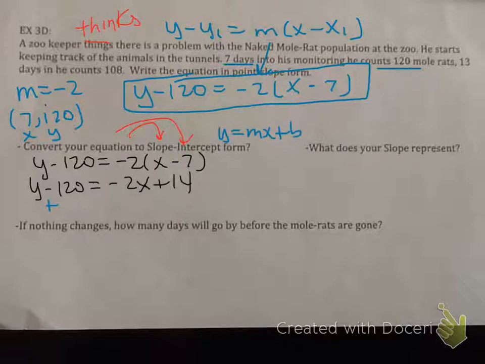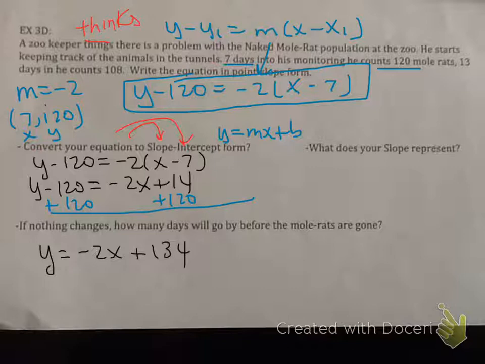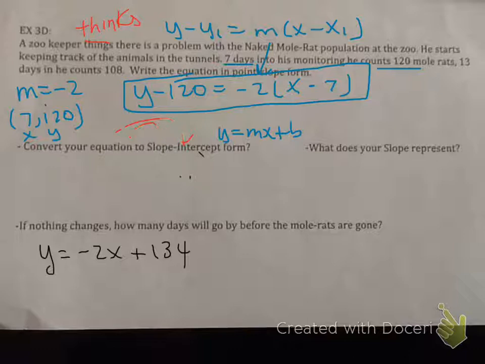So I want to add 120 to both sides. When I do this, what do I get left? I should have y equals negative 2x plus 134. That's what I have for my slope intercept form. So I'm going to erase this now and put the actual answer here so you can see it: y equals negative 2x plus 134.